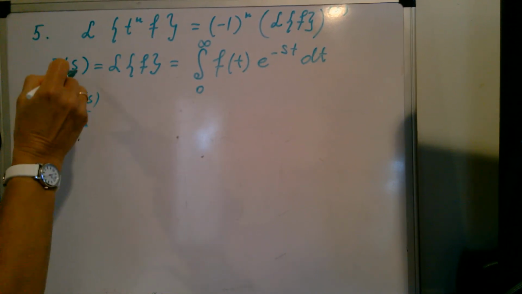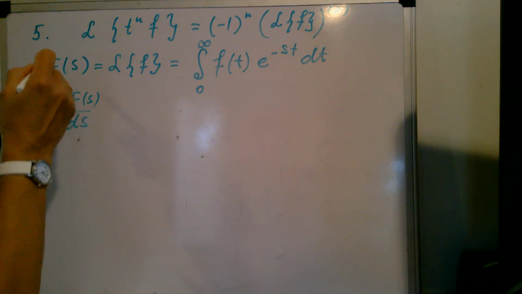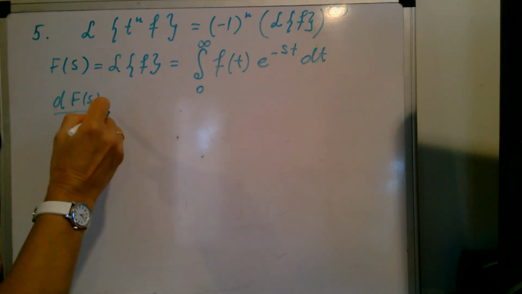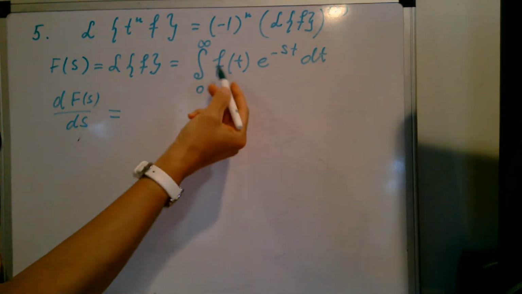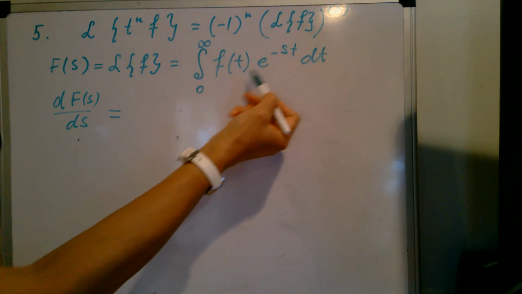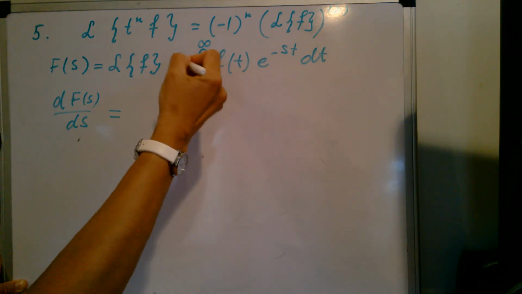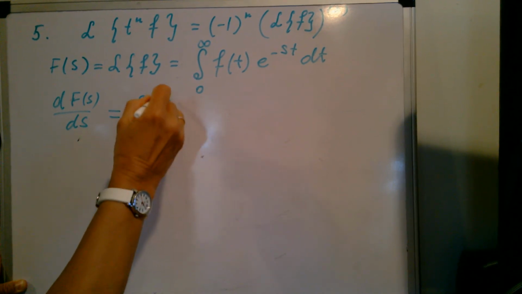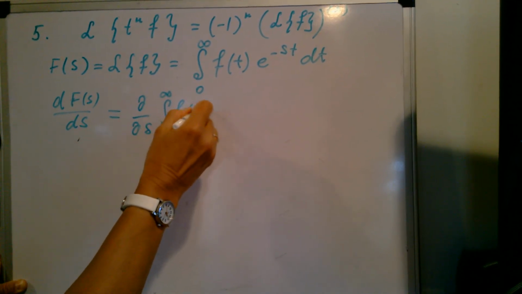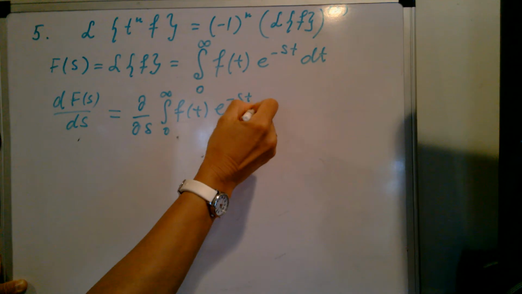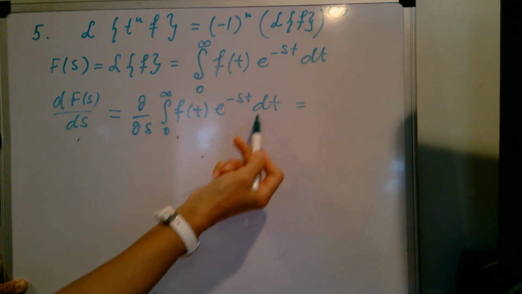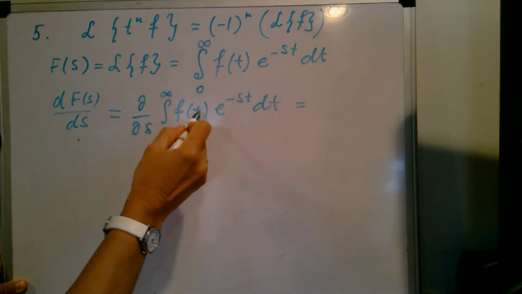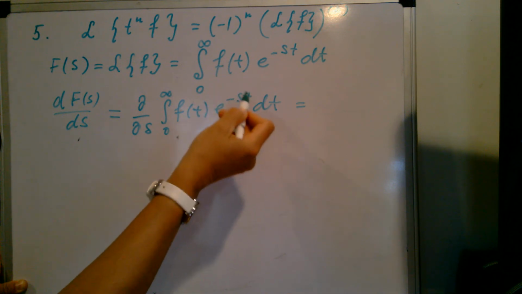That's a function of s. Here, because I have two different variables, s and t, I'm going to do a partial derivative by s: d/ds of the integral from 0 to infinity of f of t e to the power of negative st dt. From this expression, only one thing depends on s, the exponential factor.